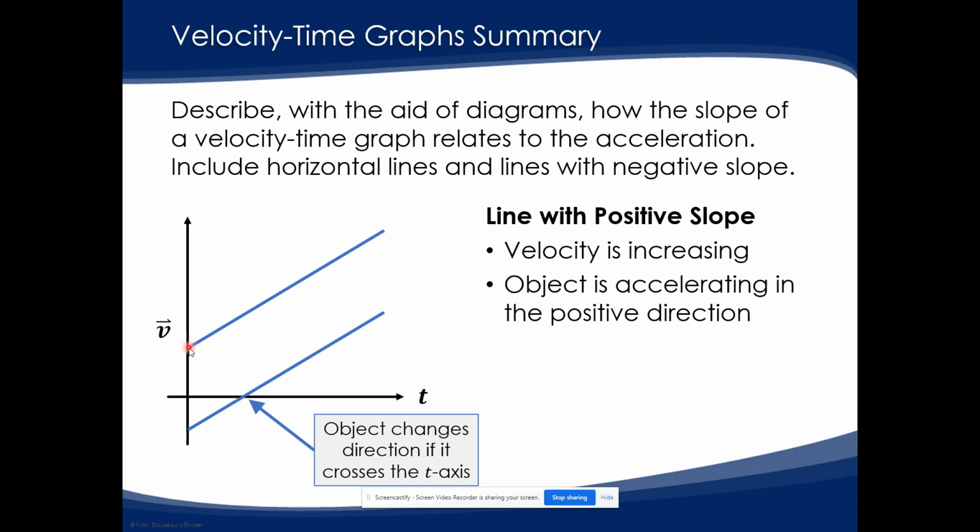If we have a positive slope, our velocity is increasing, meaning that we're accelerating in the positive direction. But if we cross that time axis at all, then we are changing the direction that we are moving. So while this is showing a positive acceleration, we changed directions during that.